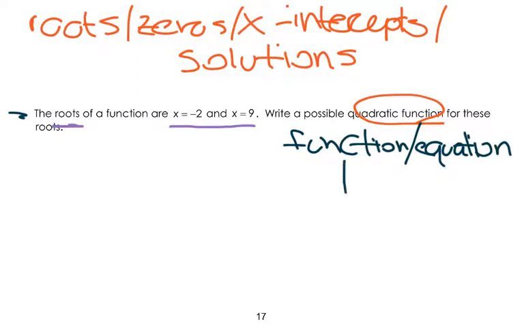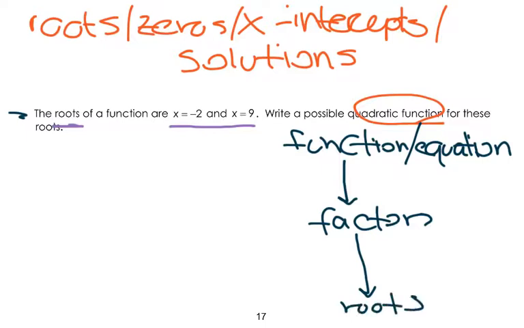Then somewhere in the middle would be our factors, and from our factors we would get to the roots. What they're giving us here is the roots, and they want us to work our way up to that equation. So that's what we're going to be looking at today.